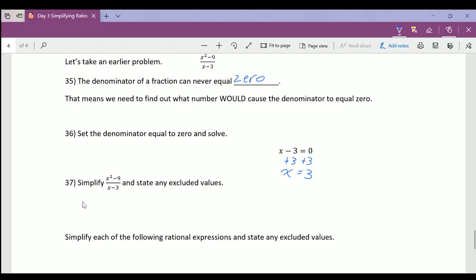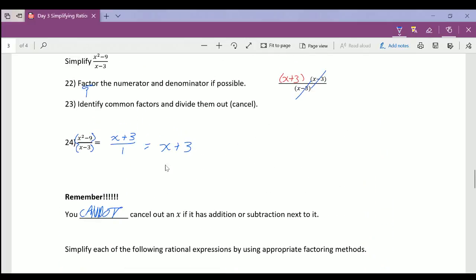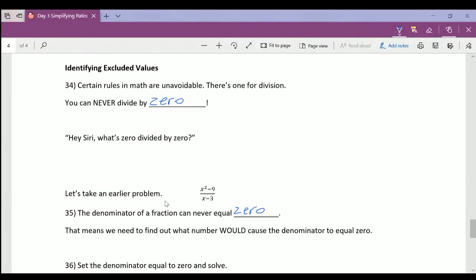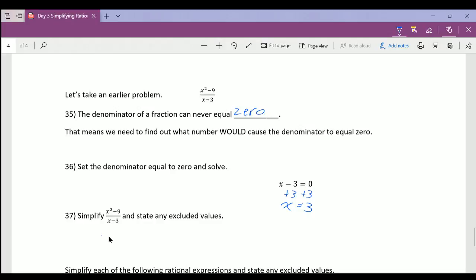Now we did already simplify this one, if you remember. That was way back over here. There it is again. So we already know it's going to be x plus 3. What we need to include now, I'm going to put a comma there, is that x does not equal 3.